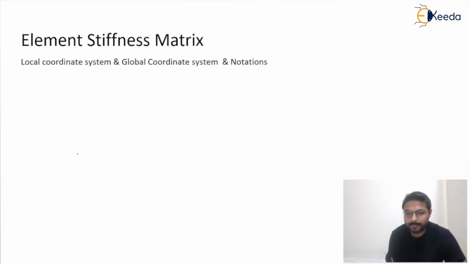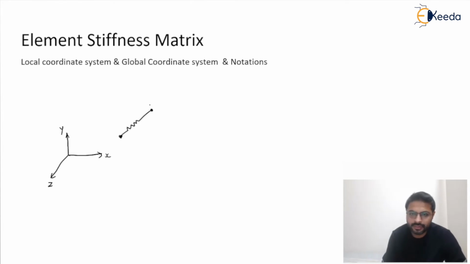So for example, this is my global coordinate system, like this is the x direction, this is the y direction, and this is the z direction. And if I have some element like this, it is also having two nodes.